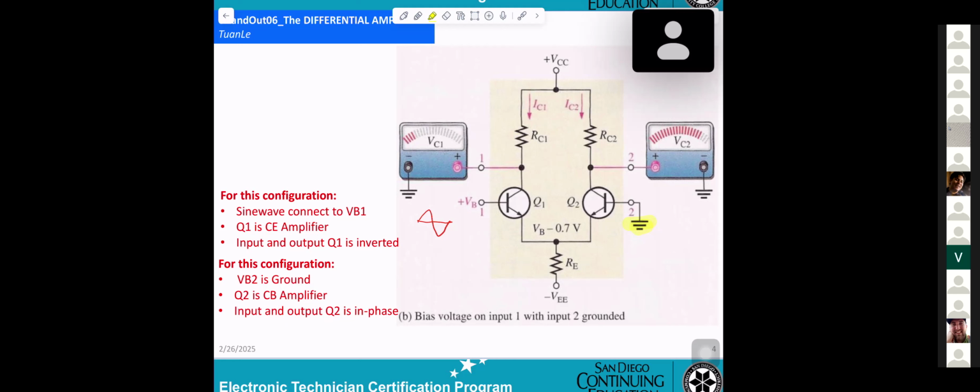For Q1, the input is applied to the base, output from the collector. So what's the configuration for Q1? It's going to be common emitter. Perfect.